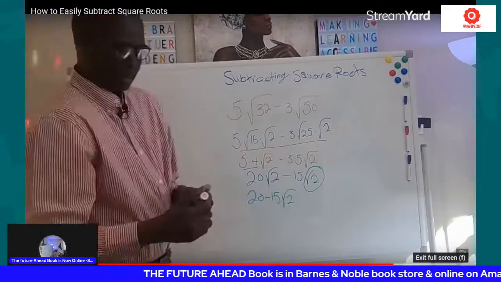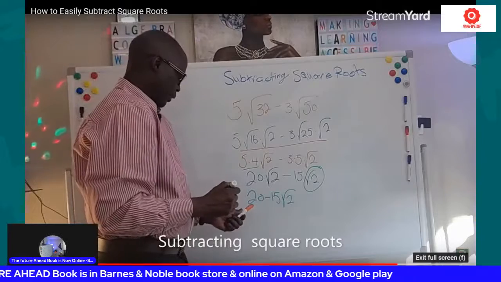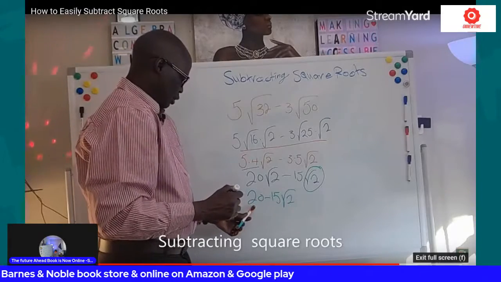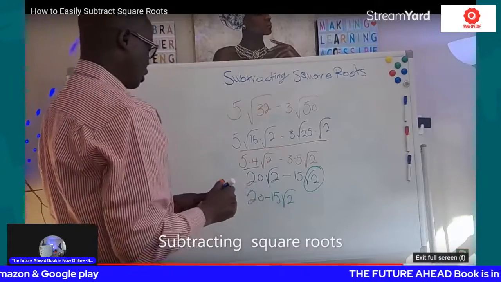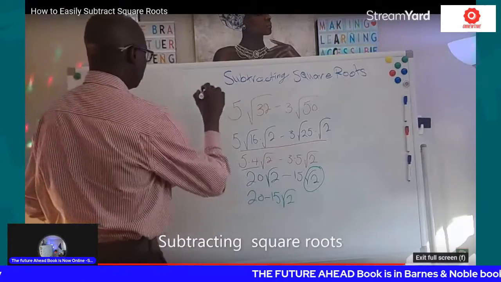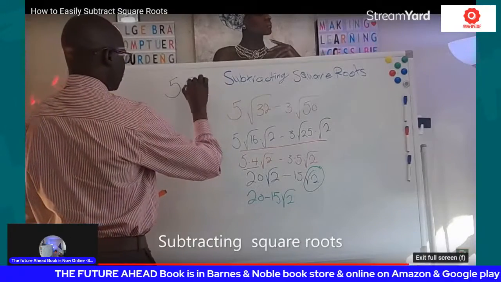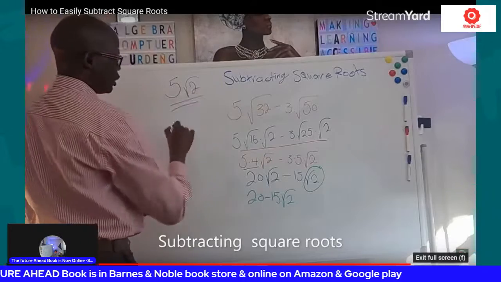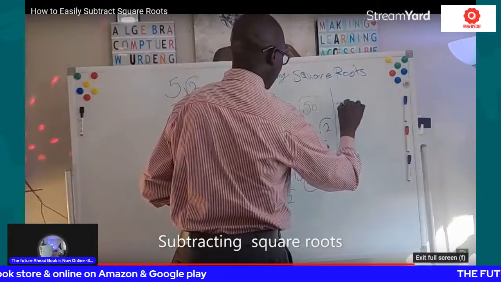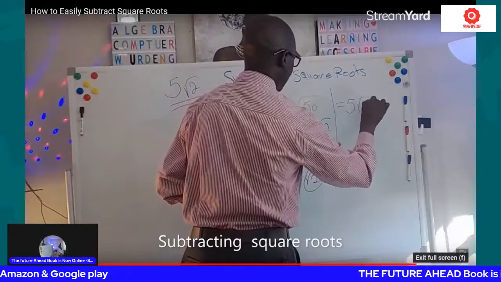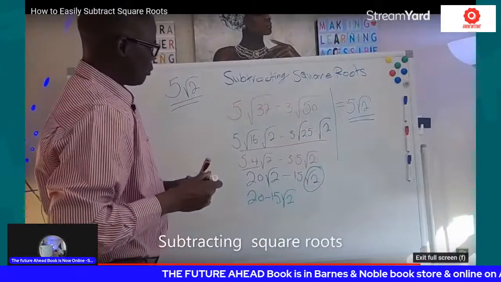And we know 20 minus 15 times the square root of 2 is equal to 5 times the square root of 2. And that's the answer for this: this one is equal to 5 times the square root of 2. That's your answer for this problem.